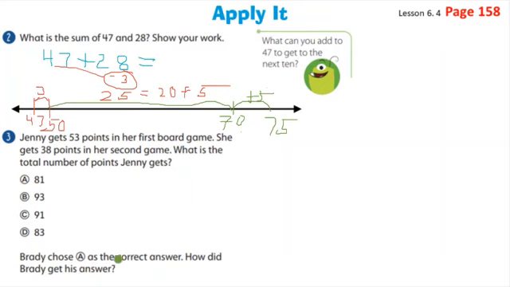Brady chose A as the correct answer. How did Brady get his answer? So I'm just going to put a B next to here because that's for Brady. And that's the answer that he gets. What I want you to do is pause the video right now and work out this problem. You can come back and see how I solved the problem and the reason for how Brady got his answer.